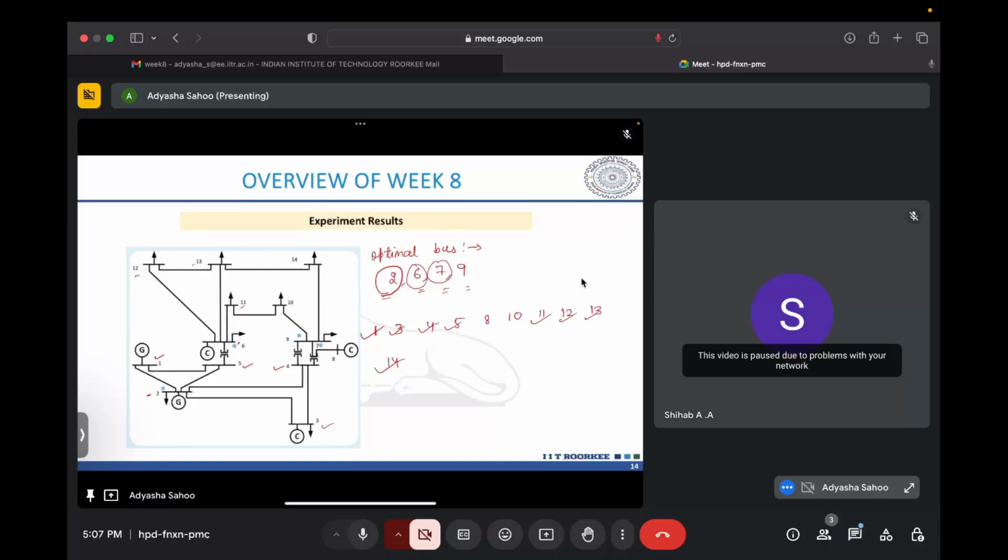So if you know 9, you know 4. 4 is already known. You know 10. And for 8, basically, it is connected to bus 7 through the transformer. So that information you also know. So with these 4 bus locations for the PMU, you can have the information for the rest of the network.